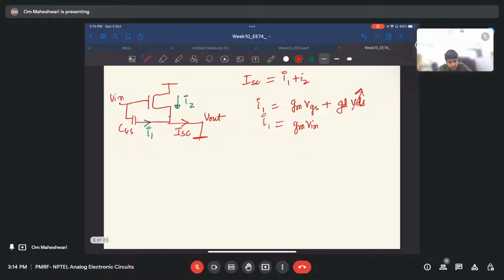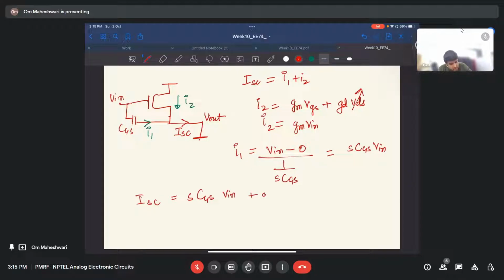and this current, sorry, I2 is I2 minus T. And I1 is nothing but V in minus 0 by 1 by SCGS, right? It is SCGS V in. So ISC is SCGS V in plus GM V in.